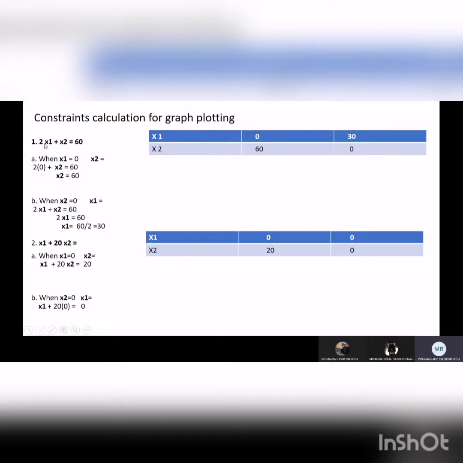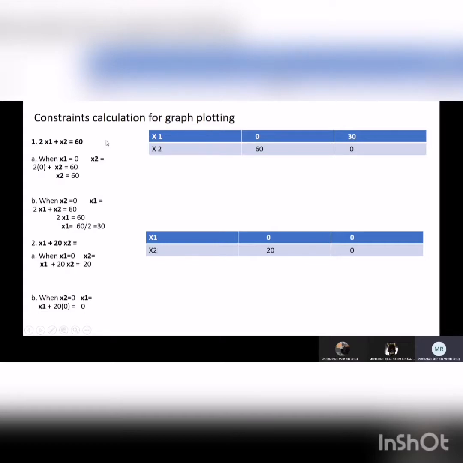Firstly, for the first constraint, 2x1 plus x2 equal to 60. We need to make a box with x1 and x2. For x1, first we put 0.